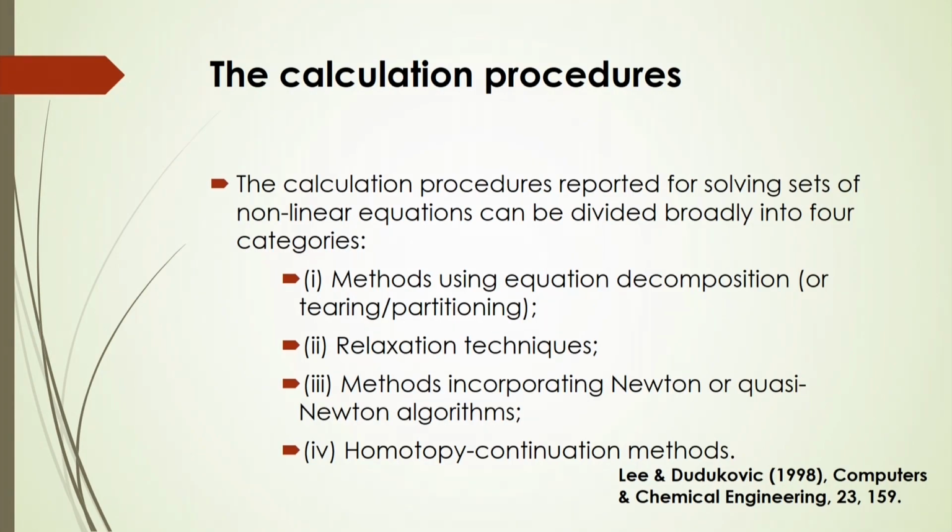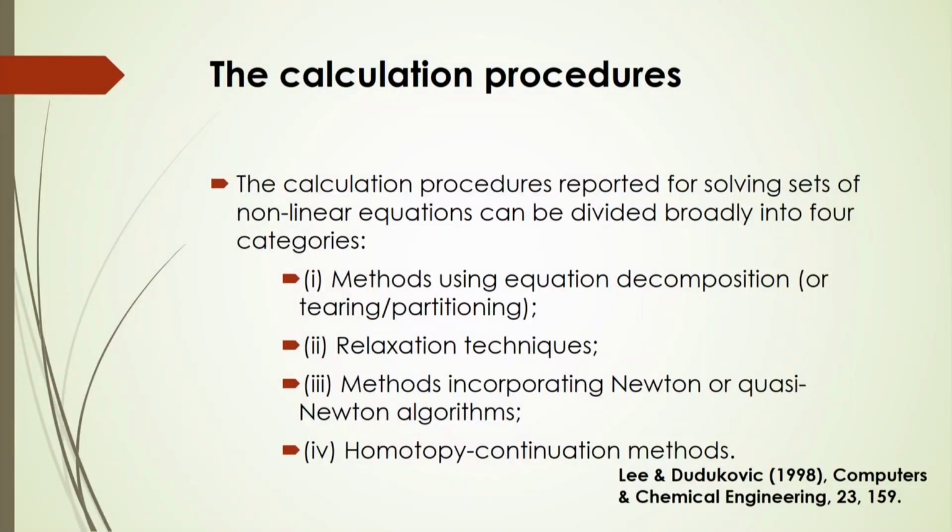And for the calculation procedures, you have to consider these categories given in the slides: methods using equation decomposition or tearing or partitioning, relaxation techniques, methods incorporating Newton or quasi-Newton algorithms, and homotopy continuation methods.